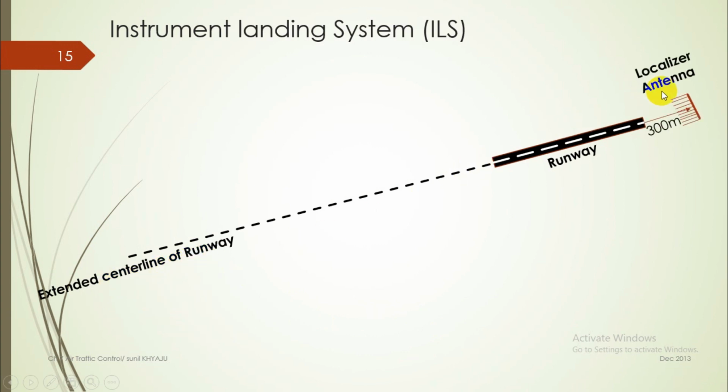The localizer antenna lies at 300 meters from the runway end, and the glide slope antenna is located at 250 to 375 meters from the end of the threshold of the runway and 120 to 195 meters from the center of the runway.